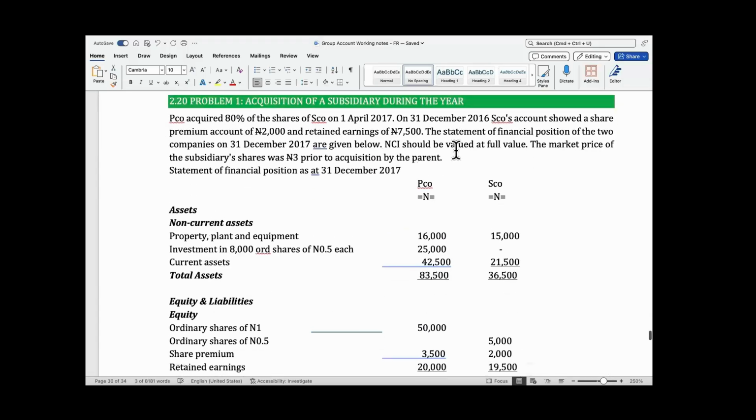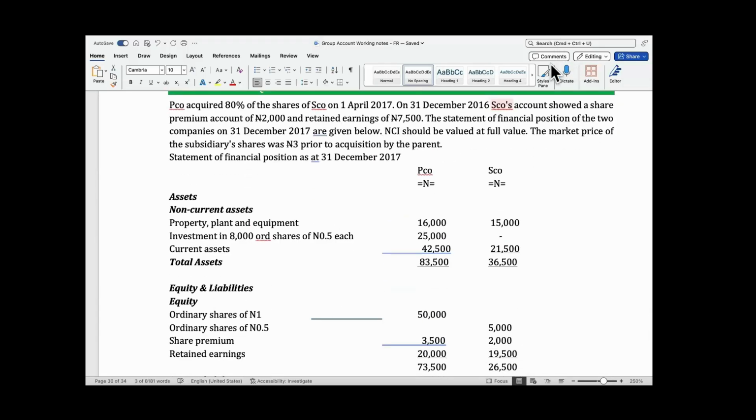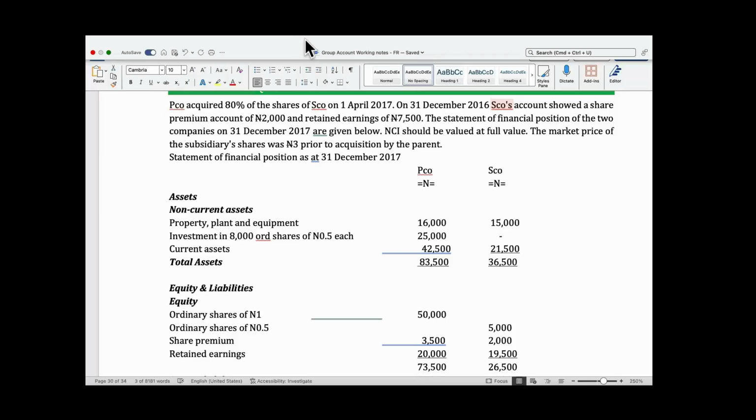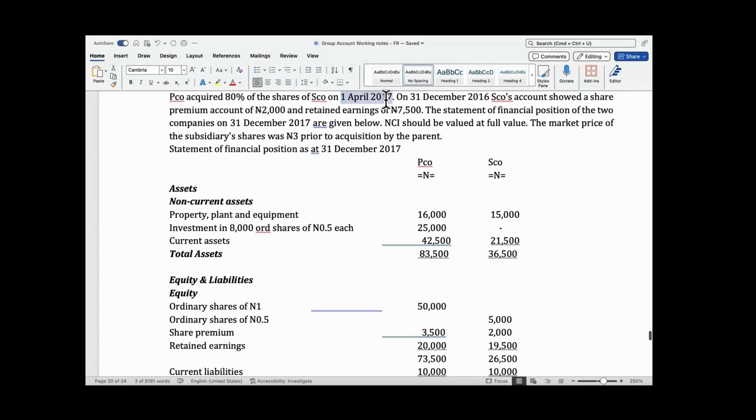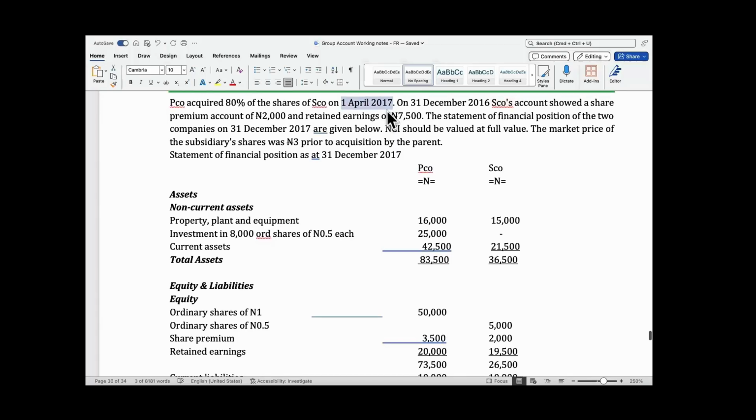Can you tell me what's the issue here? Because I can see that we acquired the subsidiary on 1st of April 2017.